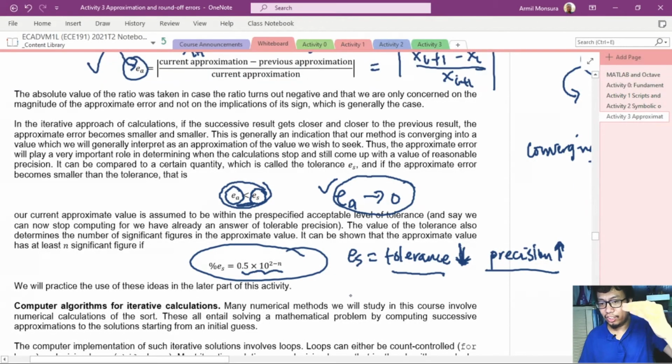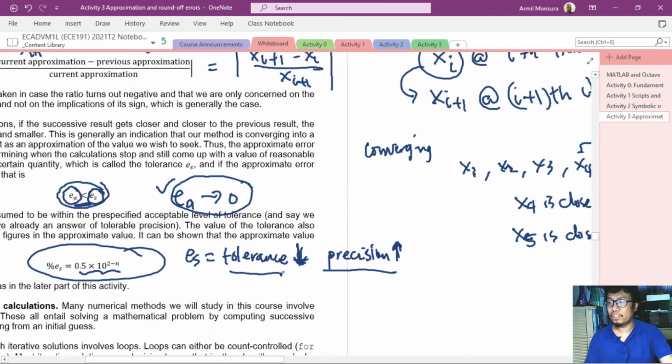If it actually is very slow, if your EA decreases very slowly until it reaches zero, it would take time for your computer to generate an answer. So your trade-off here is the tolerance, with its increase in precision, versus the time for calculation.